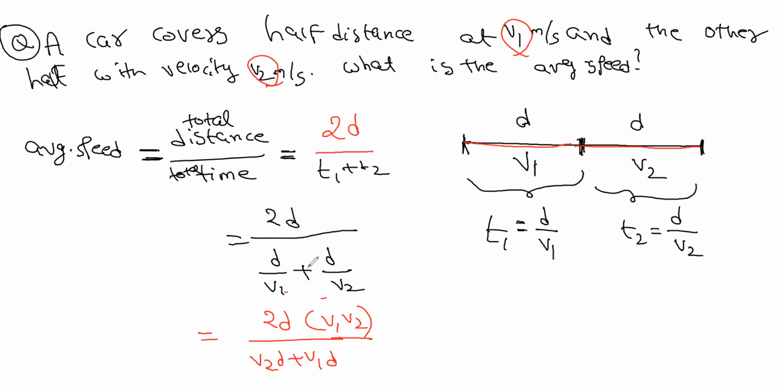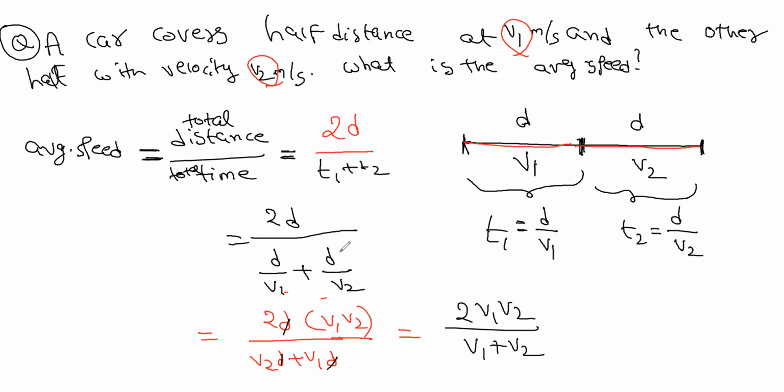So first dv2 plus dv1 by v1 v2, I have taken upwards. Now I can cancel this d by taking d common. Yes. So it is 2v1 v2 by v1 plus v2. Okay. Yes. This is the average speed.